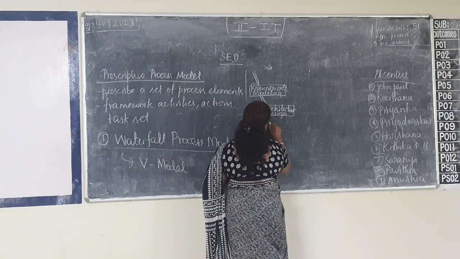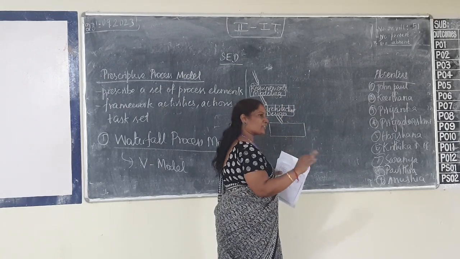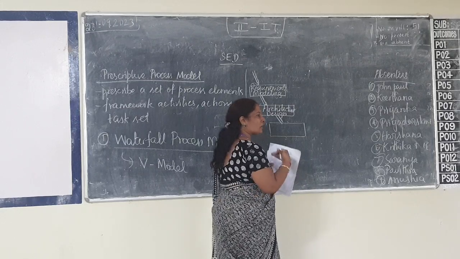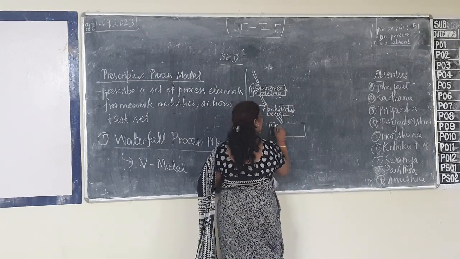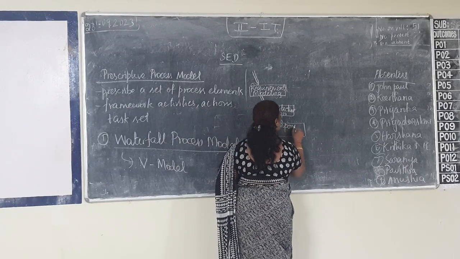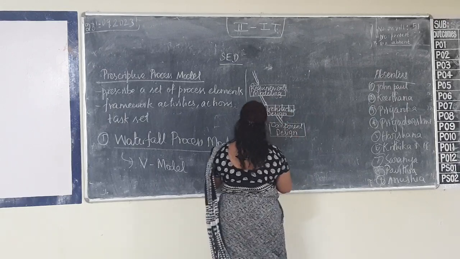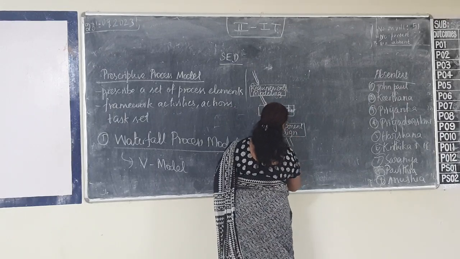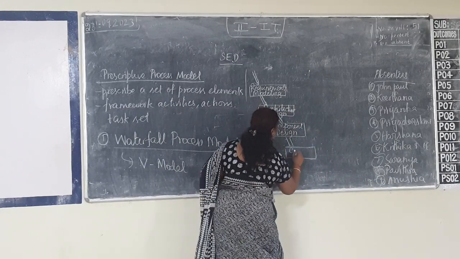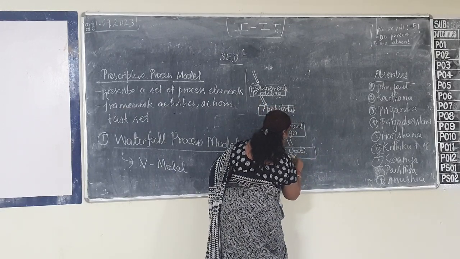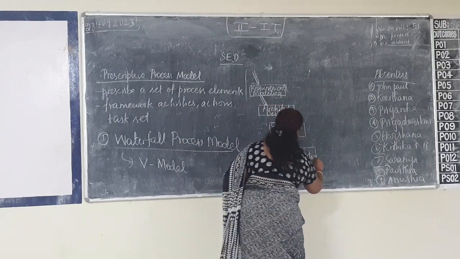Next will be the same thing in a different way. We are going to see all the 5 will be covered, but how we are processing the entire thing. After the architecture design, it is going to be component design. After that only it is going to be code generation.